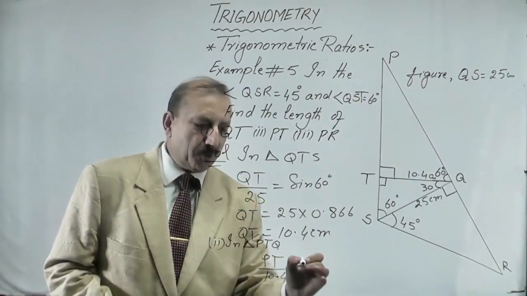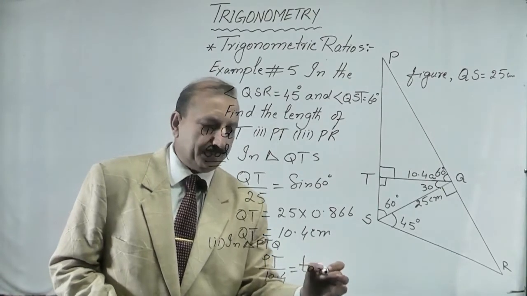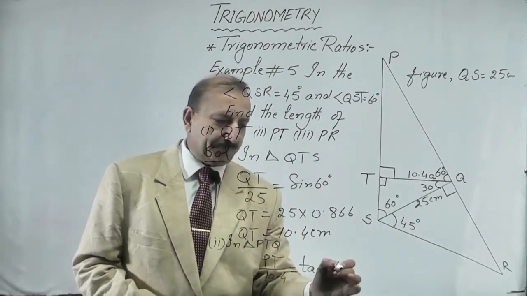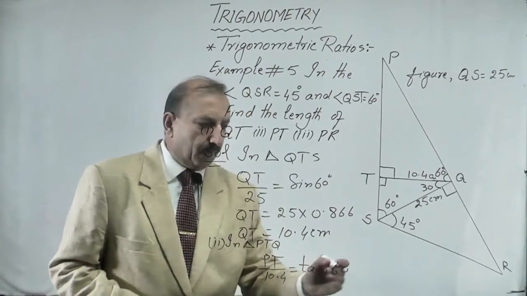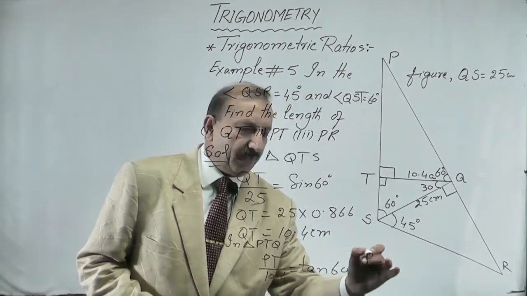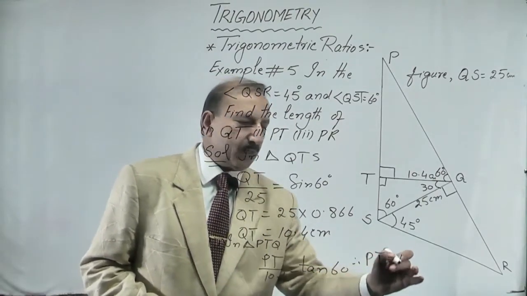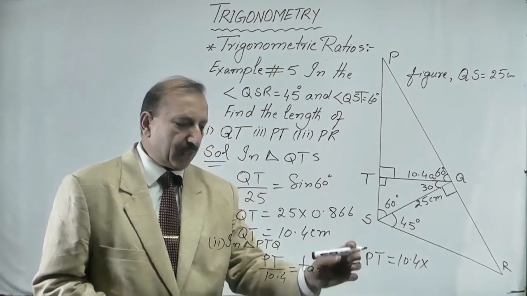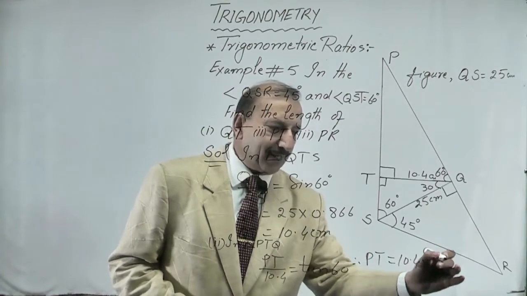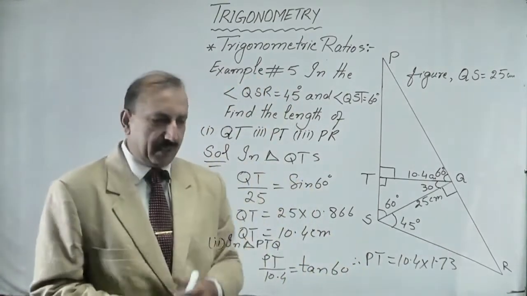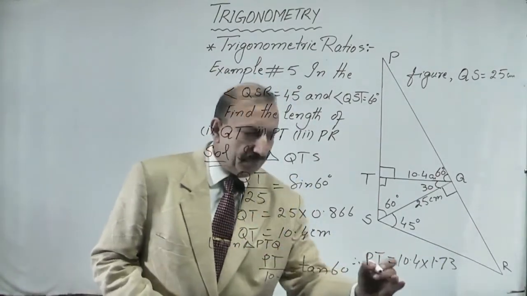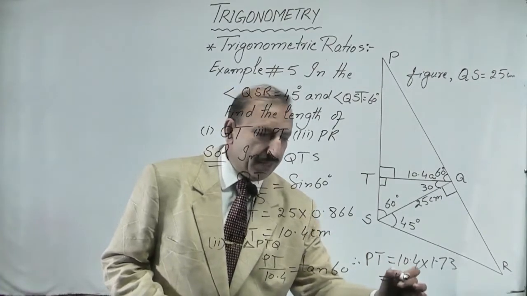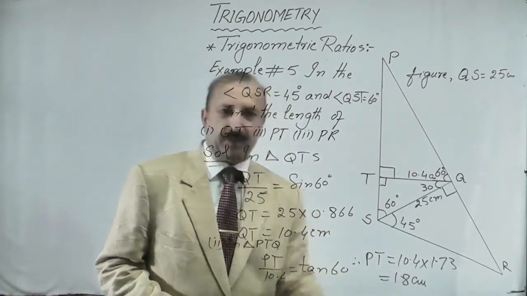This is equal to tangent of 60 degree. So therefore PT will be equal to 10.4 times the value of tangent of 60, that is 1.73 from the calculator, and I will multiply them, so we will get 18 centimeter as the value of PT.